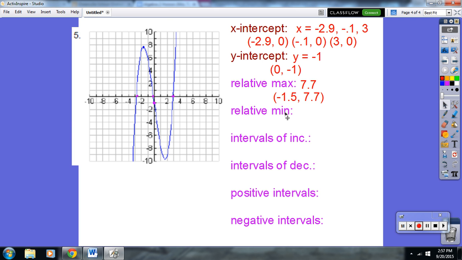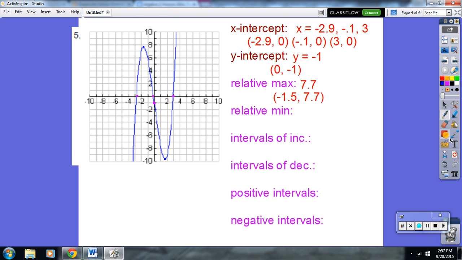And then my minimum is sort of your valley. It's also where the graph changes from a decrease to an increase. It would be this point right here where it changes direction, and that looks to be at approximately negative 9.5.